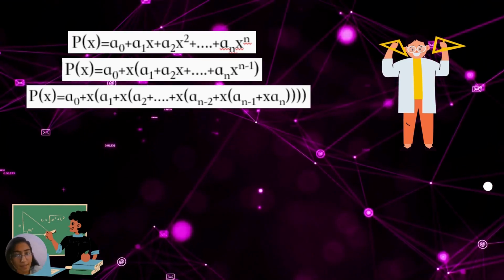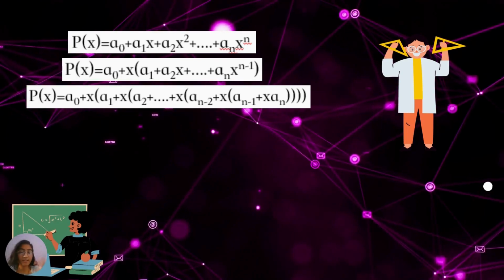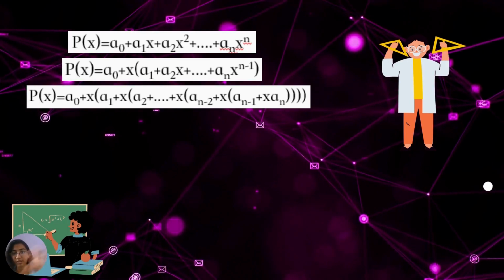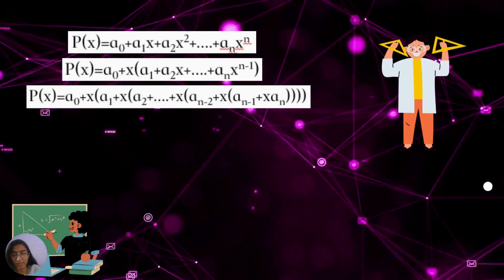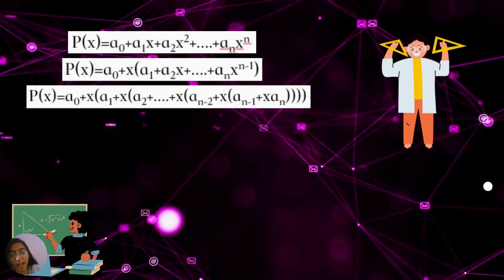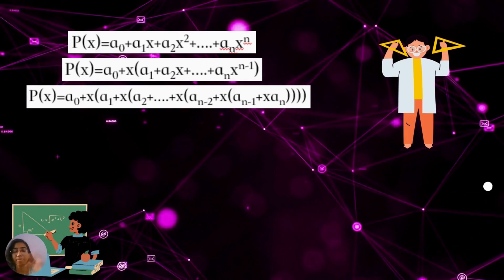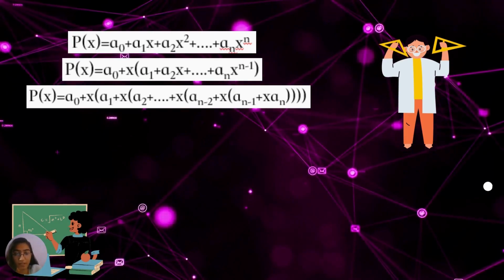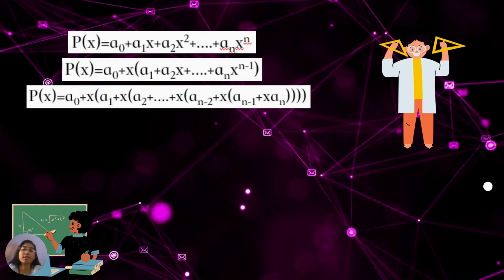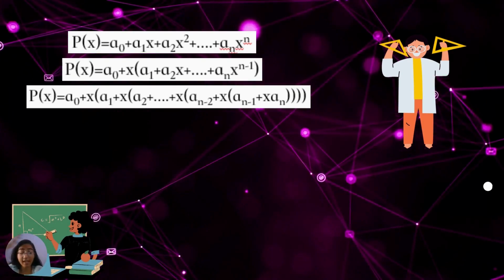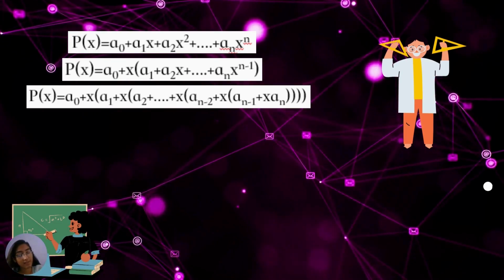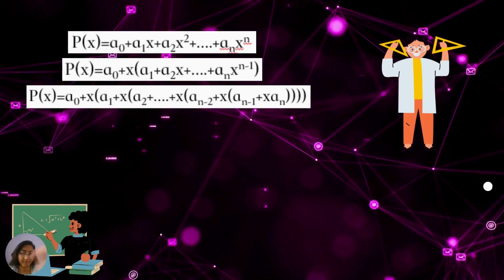The pattern is a_{n-1} plus x a_n, that is a coefficient plus x multiplied by another coefficient. It is a general pattern. So if we give the variable the value of this last term and keep adding on these last terms up to n steps, then we will get the value of the polynomial p(x).